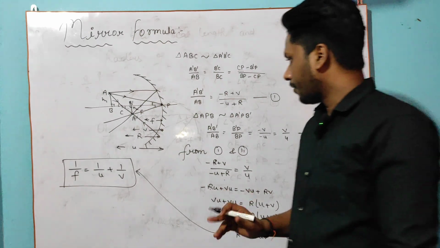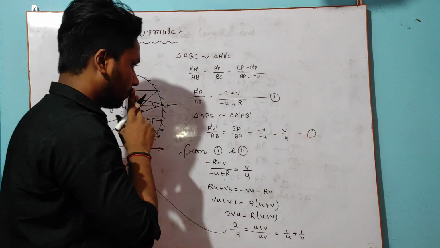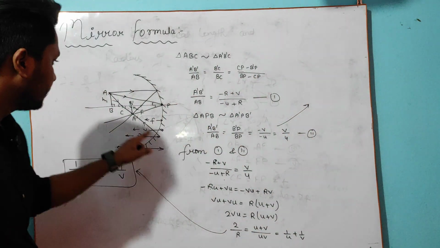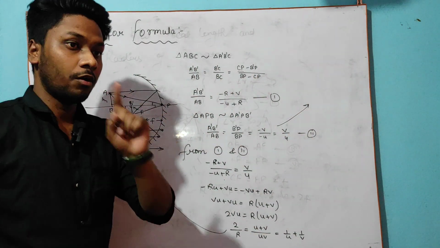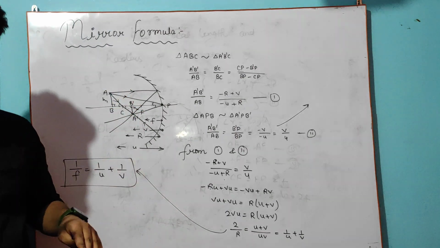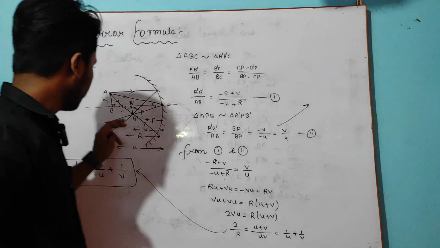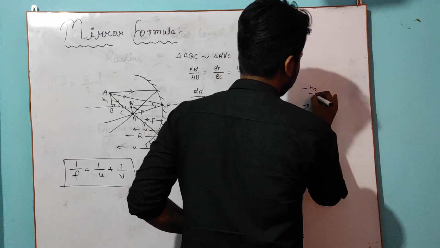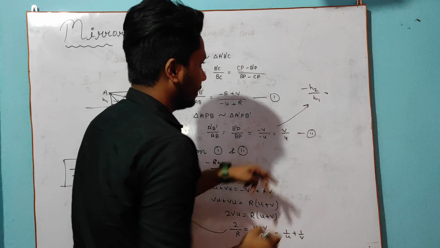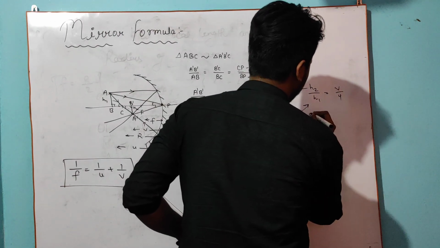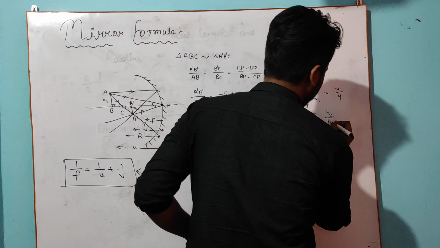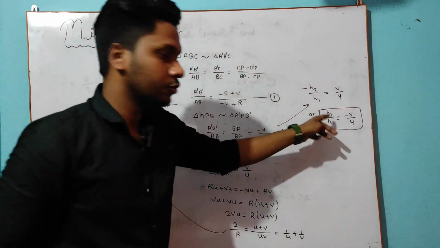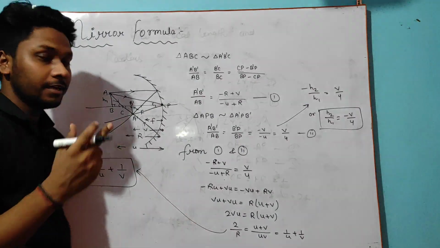Okay. Now another thing is that from this relation, see, this A dash B dash is what? H2. See, all the distances measured in the downward direction are taken to be negative. So this is H2 and AB is H1. So this is equal to minus H2 upon H1, which is equal to V by U, or H2 by H1 is equal to minus V by U. And this ratio H2 by H1 is what we call linear magnification.